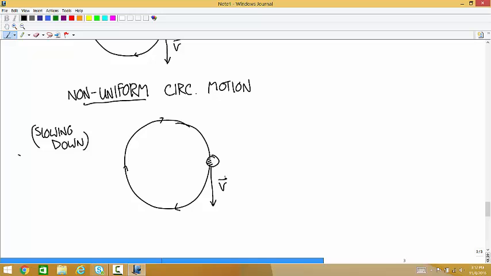If it's slowing down, what's the direction of the parallel part of the acceleration? Up. And now we're calling that parallel part of the acceleration the tangential acceleration. What's the direction of the perpendicular part? Toward the center. And we're calling that a centripetal. And then you add those two vectors to give you the total acceleration, that in this case looks like this.